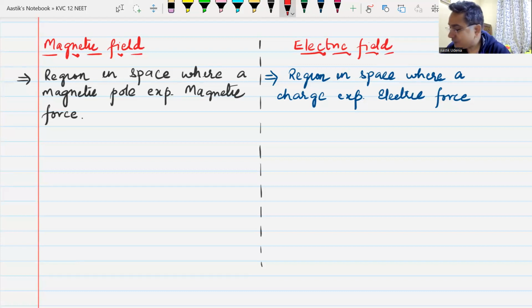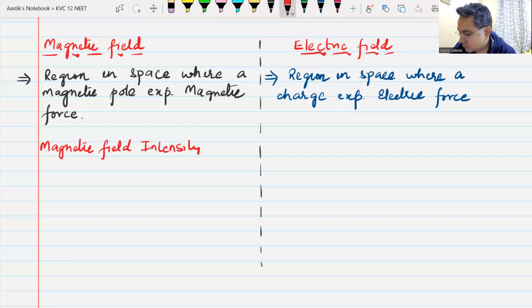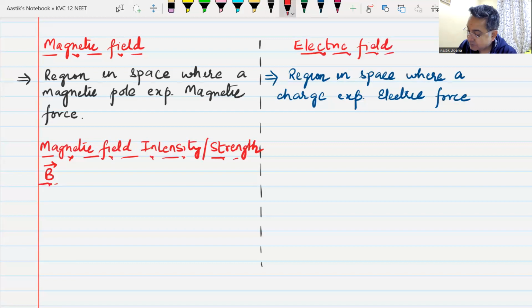Now, every magnetic field will be denoted by a vector which can be called magnetic field strength or magnetic field intensity, denoted by B vector.